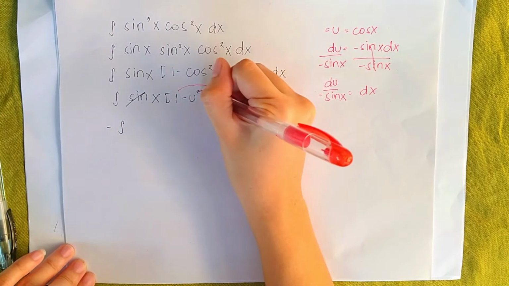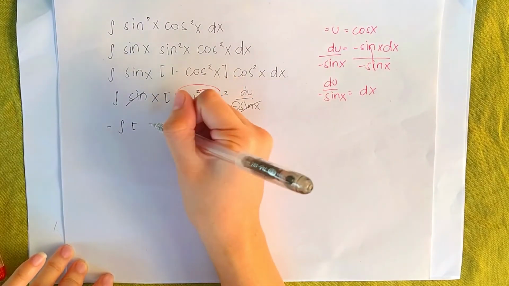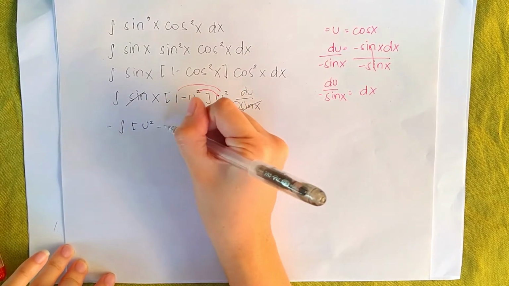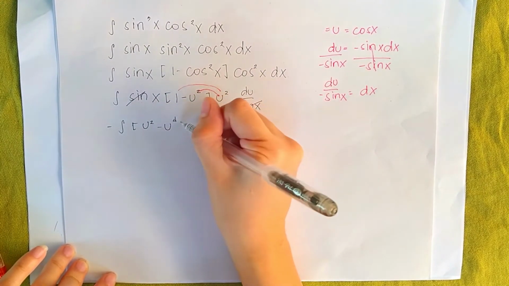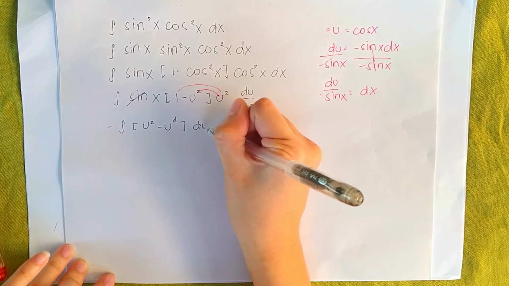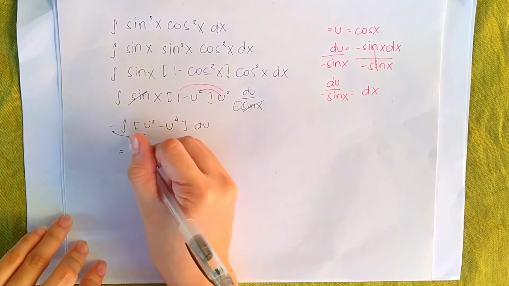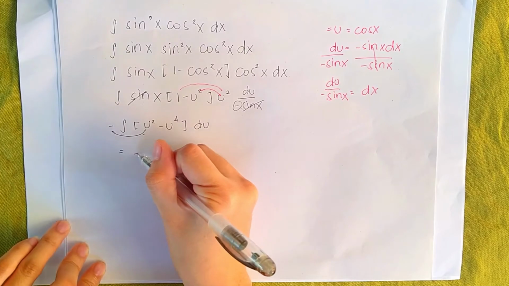So again, we distribute the value of u squared. So this will be u squared minus u raised to 4 du. So next is we integrate this and distribute the value of the negative sign.